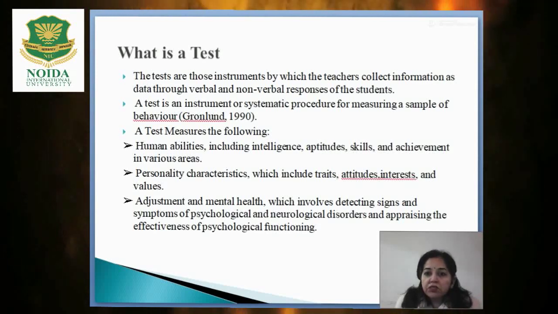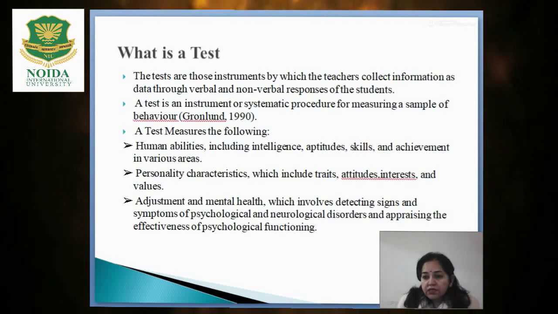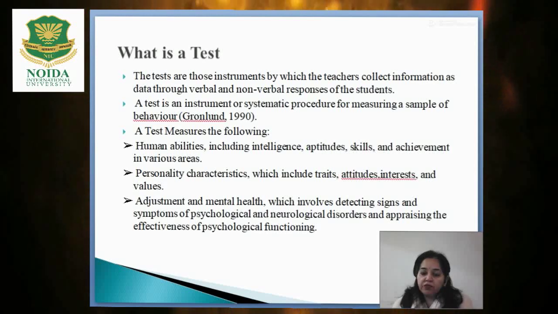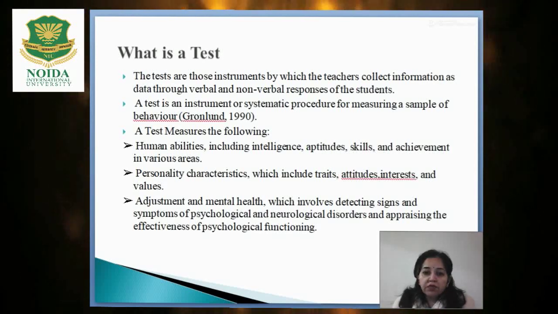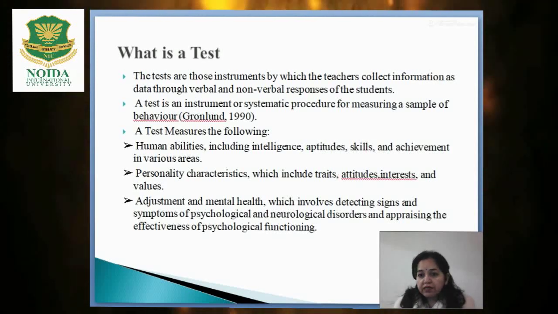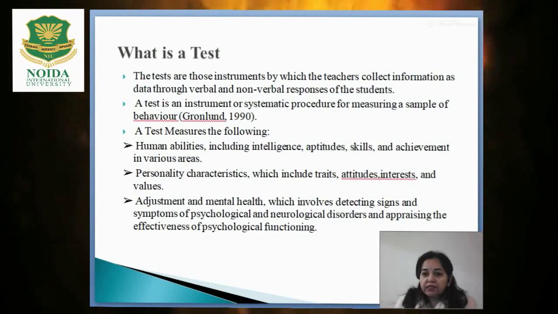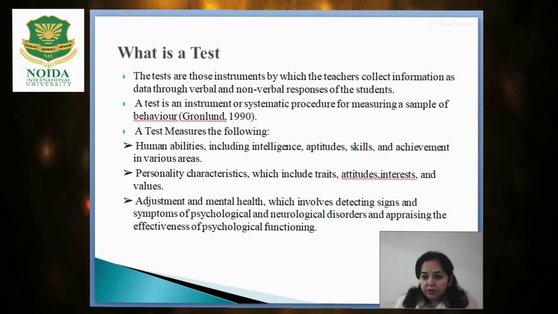Then it measures personality characteristics, which include traits, attitudes, interests and values. Then it measures adjustment and mental health, which involves detecting signs and symptoms of psychological and neurological disorders and appraising the effectiveness of psychological functions.